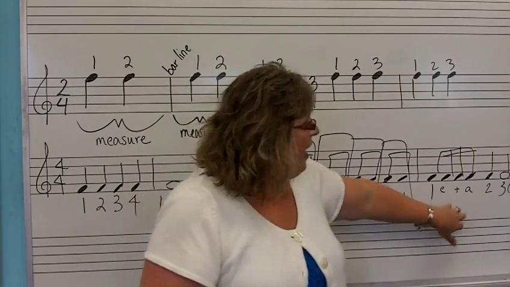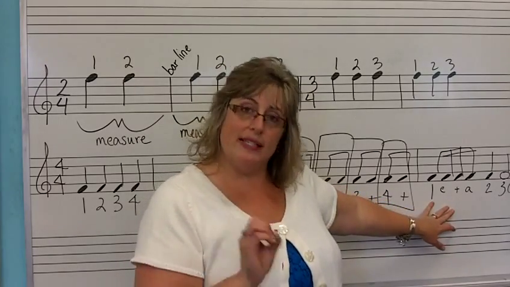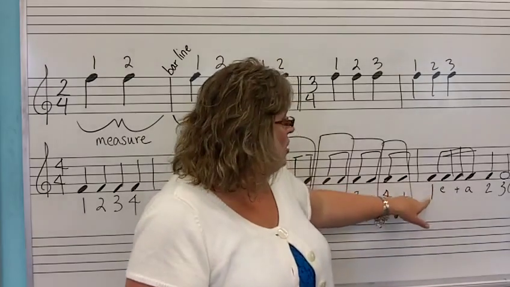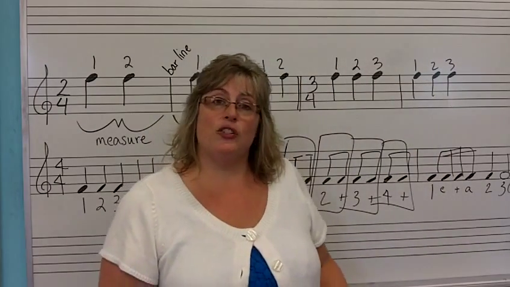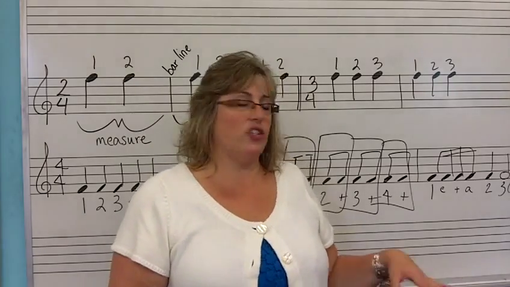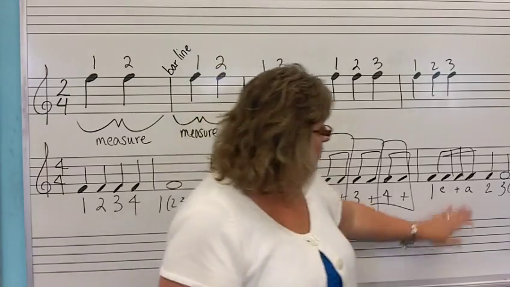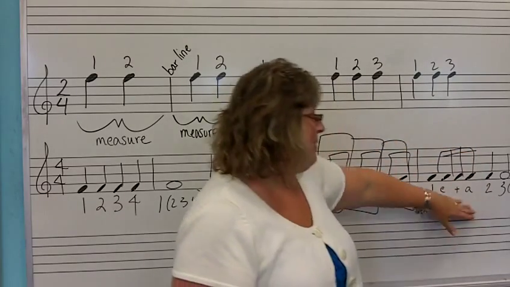Over here I have 16th notes. It takes 4 16th notes to equal 1 beat. So when you're subdividing, sometimes it's easier to think 1E and a 2E and a 3E and a 4E and a, so that it doesn't get confused. Now notice if I just had the 1 and, then I would have 2 eighth notes.